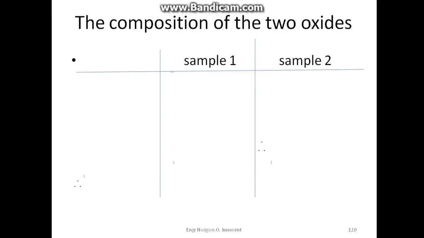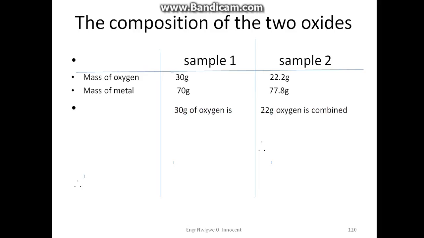Solution. Mass of oxygen in sample 1 is 30 gram. Mass of oxygen in sample 2 is 22.2 gram. Mass of metal in sample 1 is 70 gram. Mass of metal in sample 2 is 77.8 gram. 30 gram of oxygen is combined with 70 gram of metal.